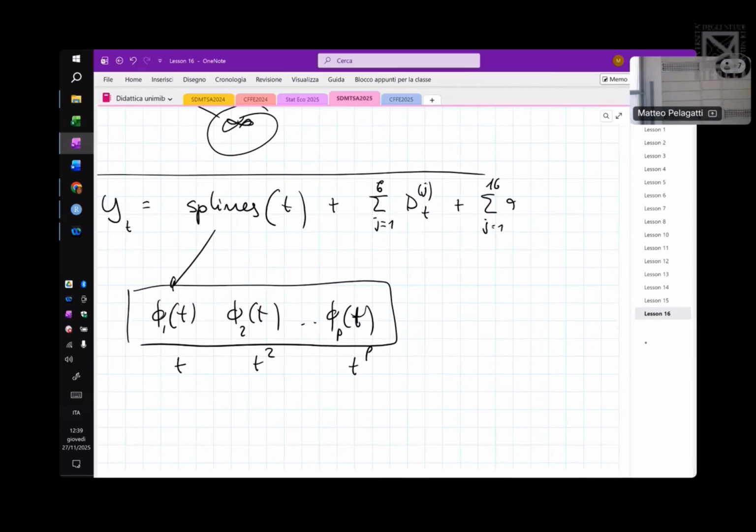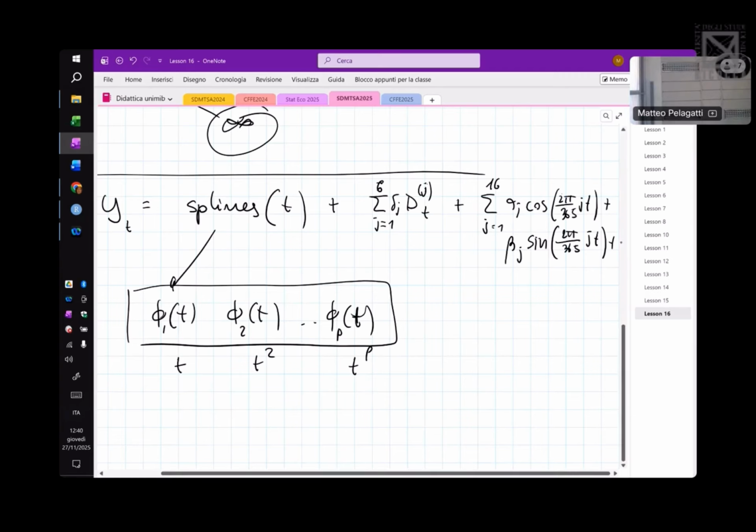Of course, we have regressors here. So we can call this delta J. We can call this alpha J cos 2 pi divided 365 J t plus beta. And of course, it's a regression. We will also have the noise, okay?